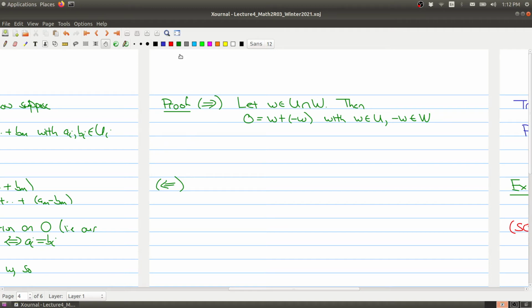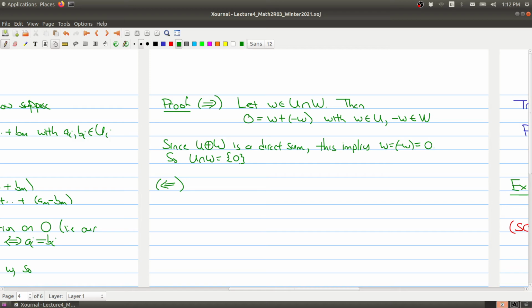But since U plus W is a direct sum, this implies that w has to be equal to negative w, which is equal to 0. So everything in the intersection has to be the 0 element. So that shows one direction.